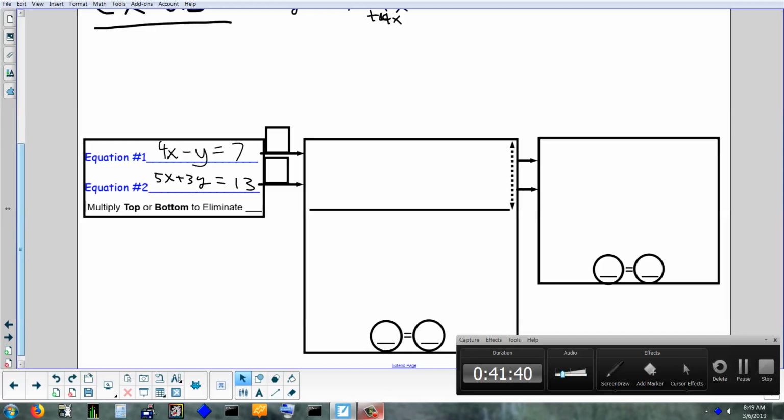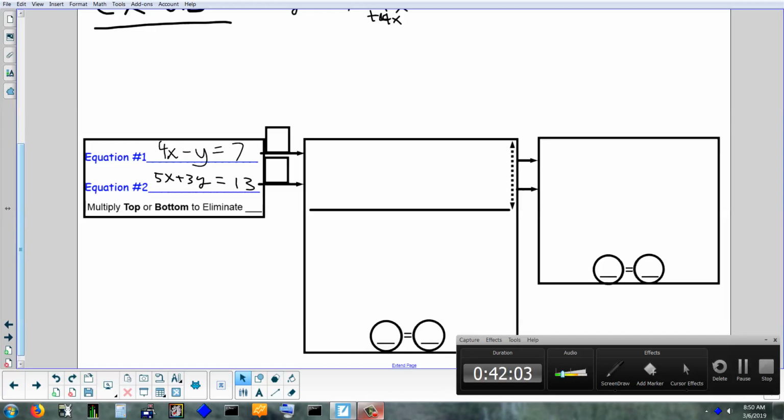Do I have it? No. I got a 4 attached to the x here, I got a 5 attached here. I got a single y, but not there. I got a positive 3 attached. See, I'm going through situation by situation to determine what I have to do to be able to solve it. So it's got to be a situation 3 because we haven't done 4 and 5 yet.